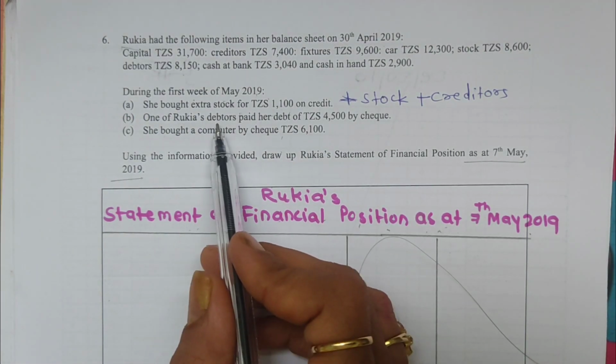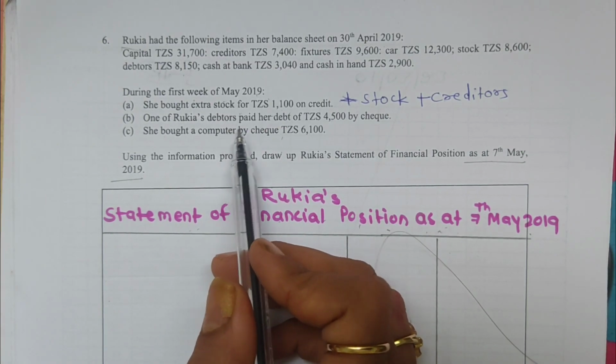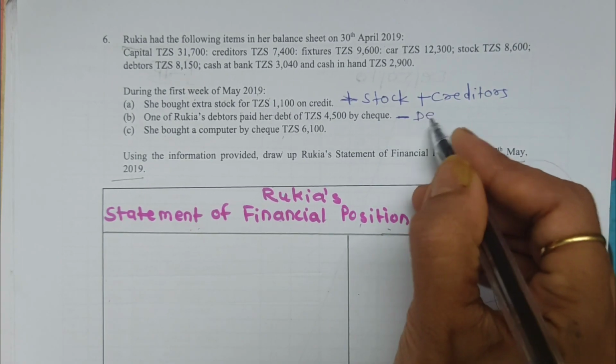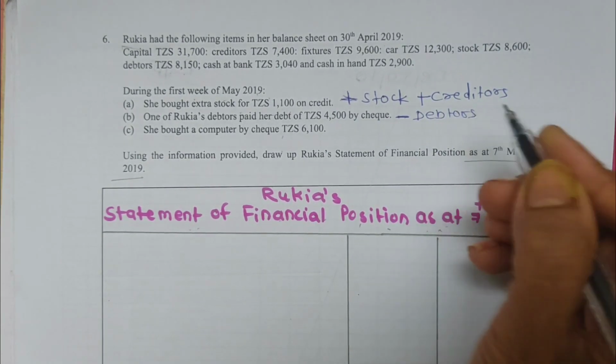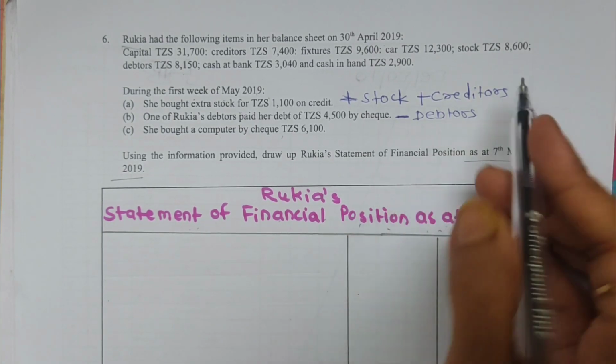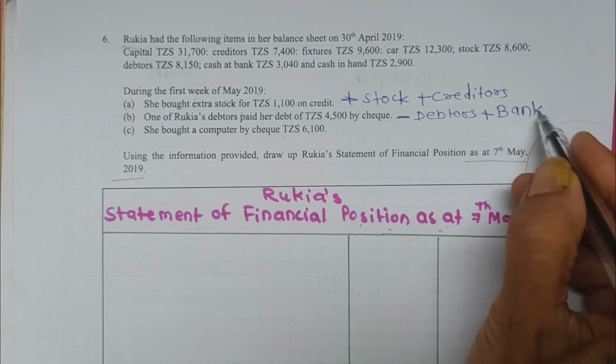Second, one of Rukia's debtors paid her debt. Okay, when the debtors are paying their debts, that means we have to deduct from debtors the amount which they have paid, and it is by check, so there will be addition in the bank amount.